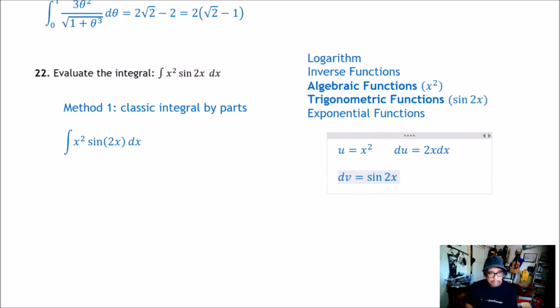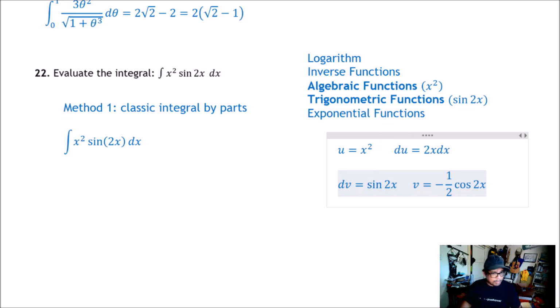Now this is a part where we have to be careful because we need to integrate. If dv is sine of 2x, then v is going to be negative 1/2 cosine of 2x. And I'm being reminded that if the antiderivative is a cofunction, then I'm going to need a negative sign there, because the derivative of a cofunction is a negative.